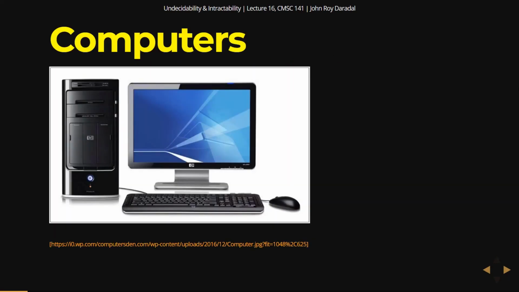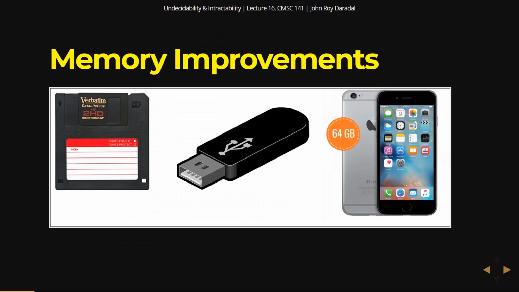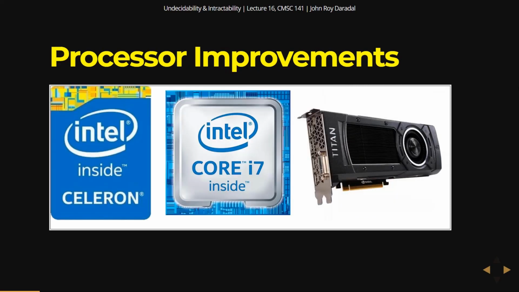So far, we have seen continuous improvements in terms of computers' performance. We have seen improvements in the memory, from floppy disks to USBs to now your smartphones, which have a lot of memory storage. We have also seen improvements in the processor, right?